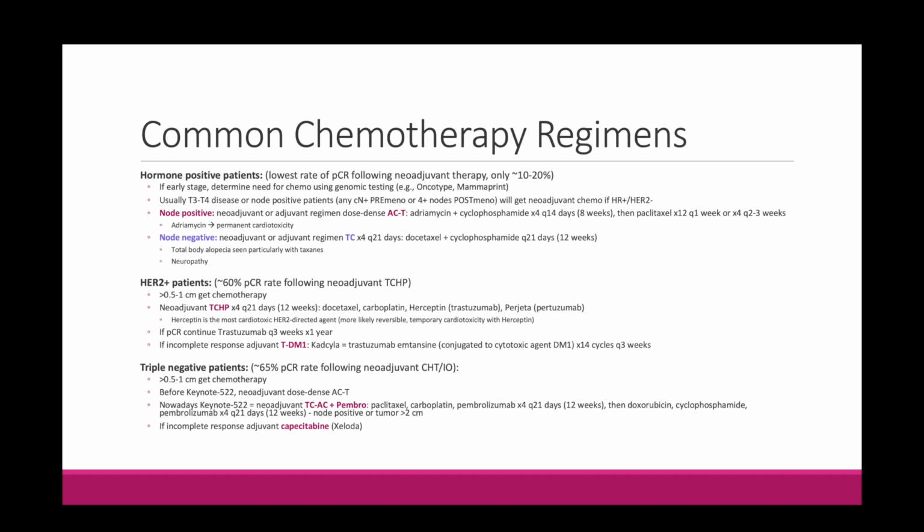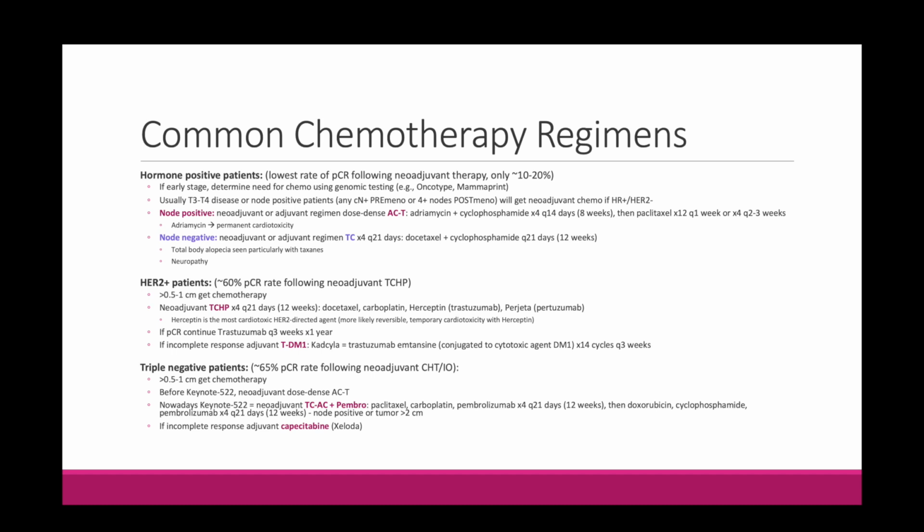TCAC plus Pembro. If patients have an incomplete response to neoadjuvant therapy and they're triple negative, then there's another trial that we'll talk about in the future, but these patients will typically get adjuvant capecitabine, which is brand name Xeloda. So a lot of information to unpack here regarding common chemotherapy regimens.